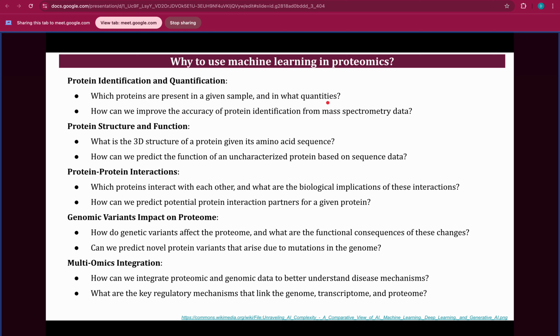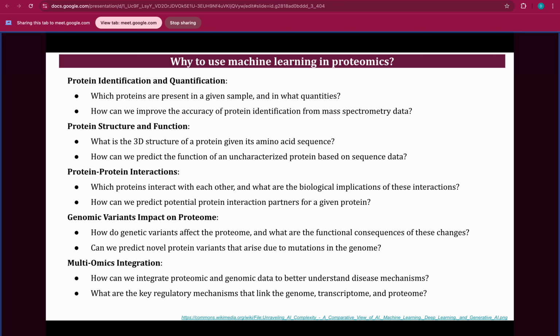This quantification and identification is in respect of mass spectrometry. In mass spectrometry, when peptides are taken, how those peptides are related to certain proteins, and how the number of peptides decides the abundance of a protein, all such things can be identified with the help of machine learning algorithms, because it will be a smoother process. You don't have to do it manually one by one.